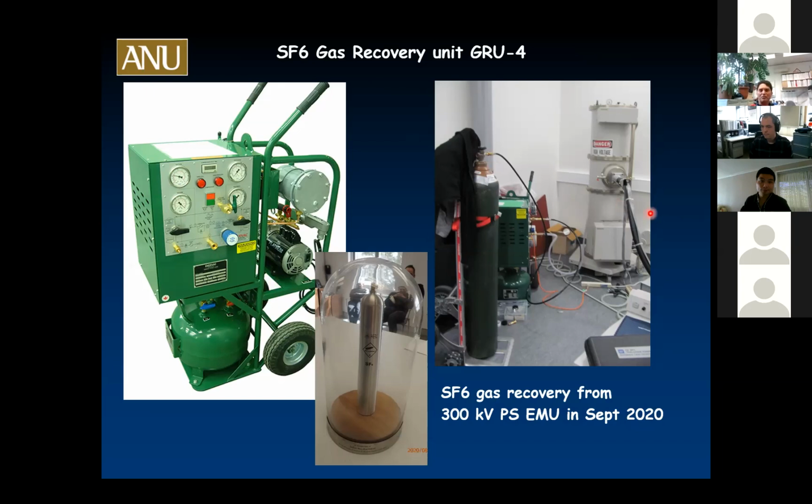Recently, we helped the electron microscope unit to remove SF6 and store it from the 300 kilovolt power supply of the electron microscope. By the way, we keep this high pressure vessel in our lab now. It has a 300 kilovolt feedthrough, and it can be filled with SF6 up to 6 atmospheres.